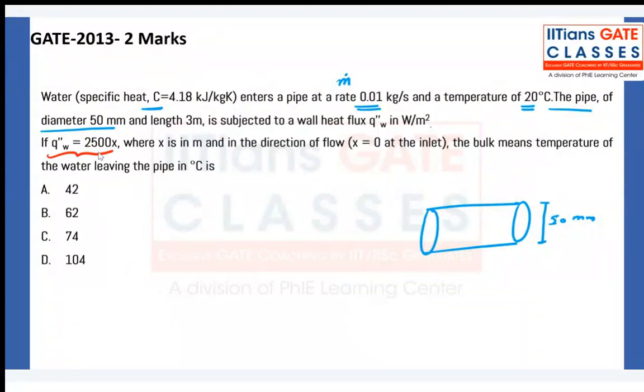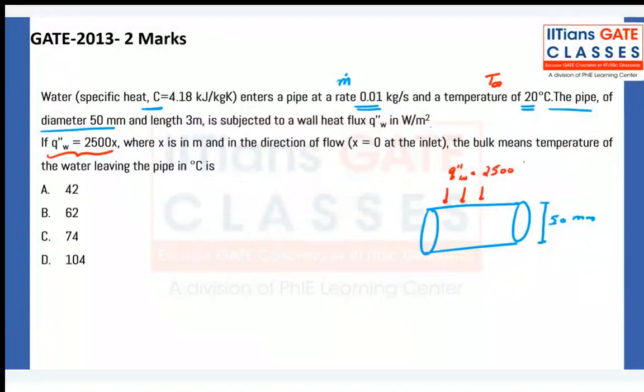So what it is saying: water is there, entering into a pipe. This is the mass fluid and the temperature is 20 degree Celsius, so it is T infinity. The pipe diameter is this and length is this, and it is subjected to a wall heat flux q equals 2500x watt per meter square.